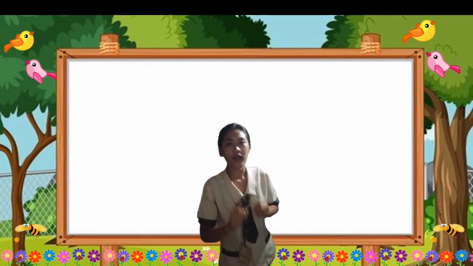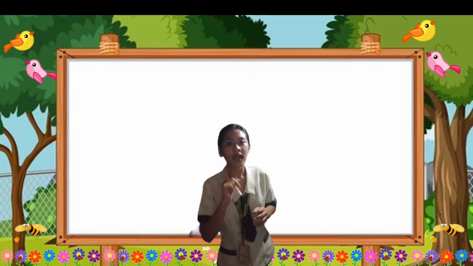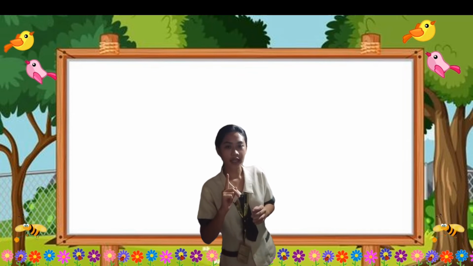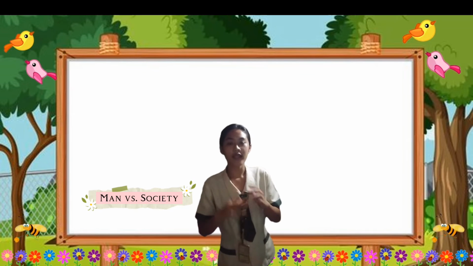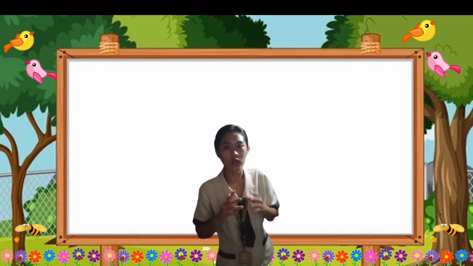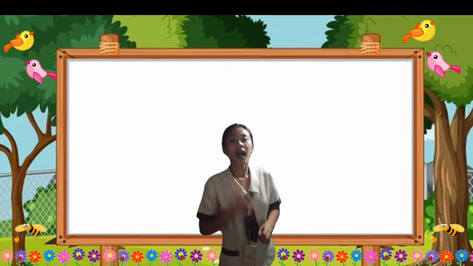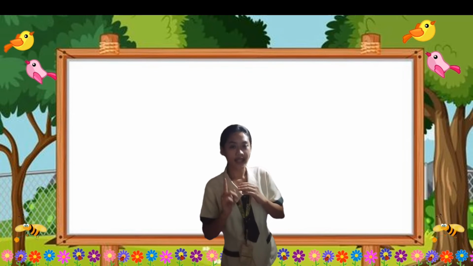For example, Mark and Kyle are playing in the woods when they realize a tornado is coming. Man versus society: the main character challenges a law, tradition, or institution. For example, a group of students gather to protest police brutality.